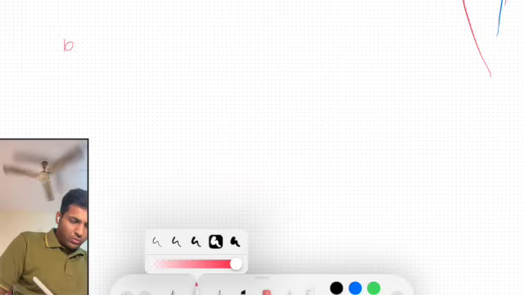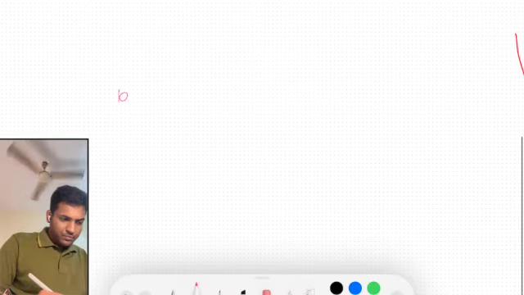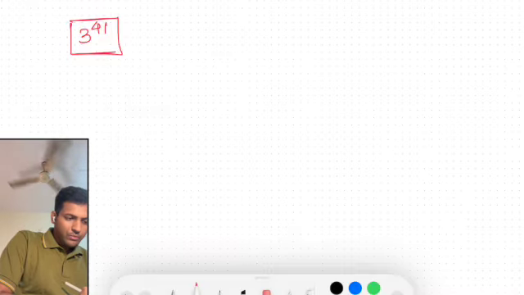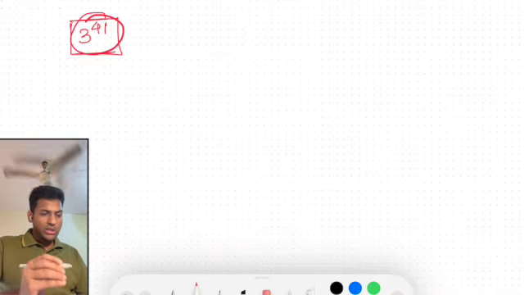Let us keep it aside. Now for powers we will see how we can do it. See, for doing it with power, suppose this is the number that they have given you, 3 to the power 41. What will be the unit digit? Now you will have to notice something.